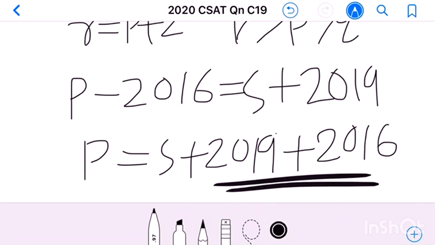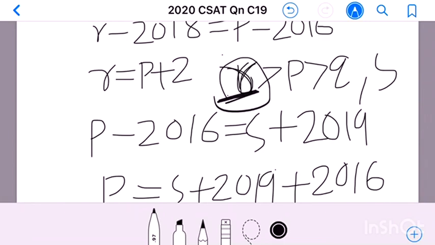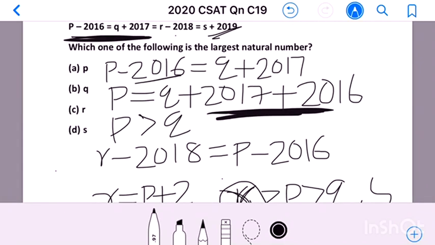Adding this much to S, we get P. That means P is greater than S. So P is also greater than S. So we have to find the largest. The largest is R. The largest natural number among these is R. Our answer is option C.